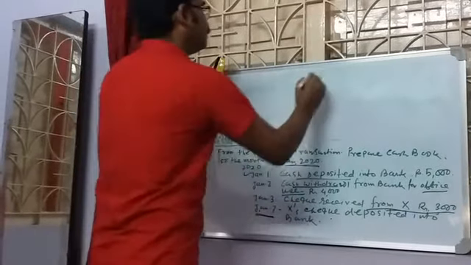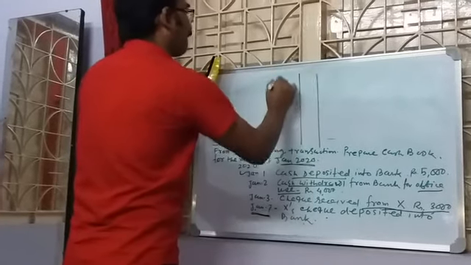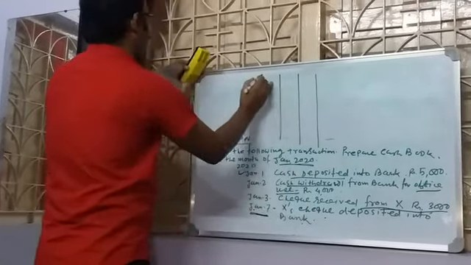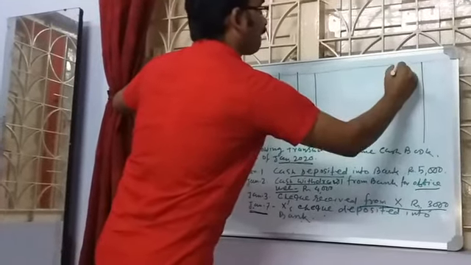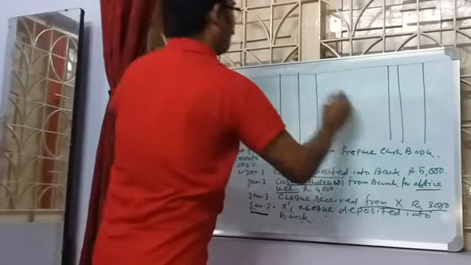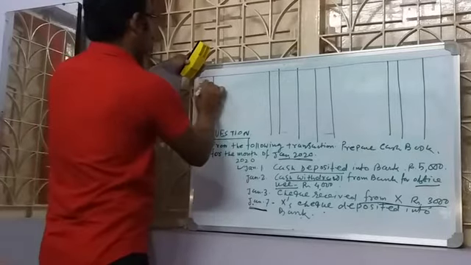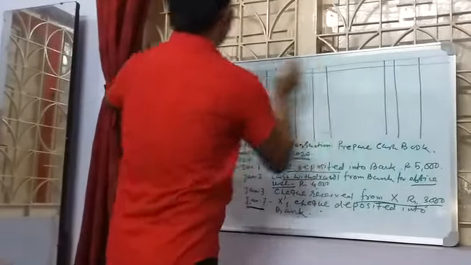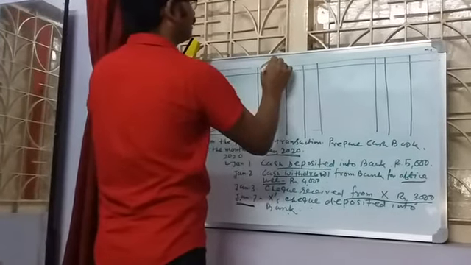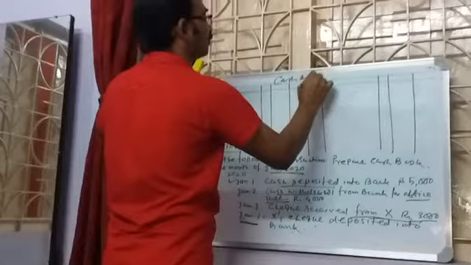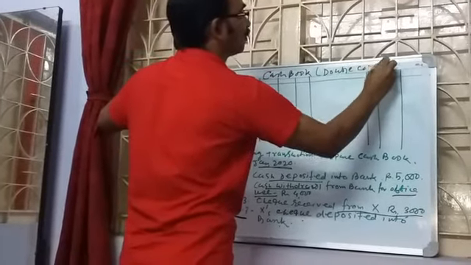This is a debit, this is a credit. Here I am writing the cash book is a double column.